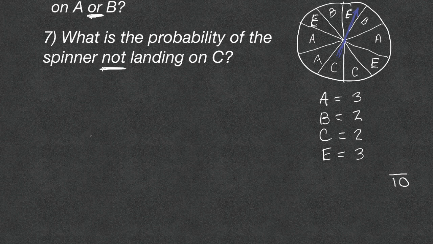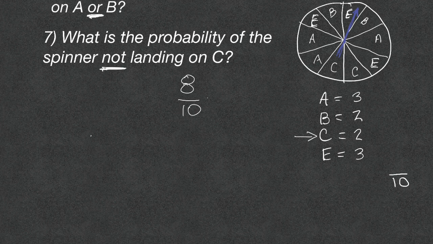So this is C. We have 2 out of the 10, but not landing on it represents everything else. So it represents the 8 out of all the 10 possibilities.